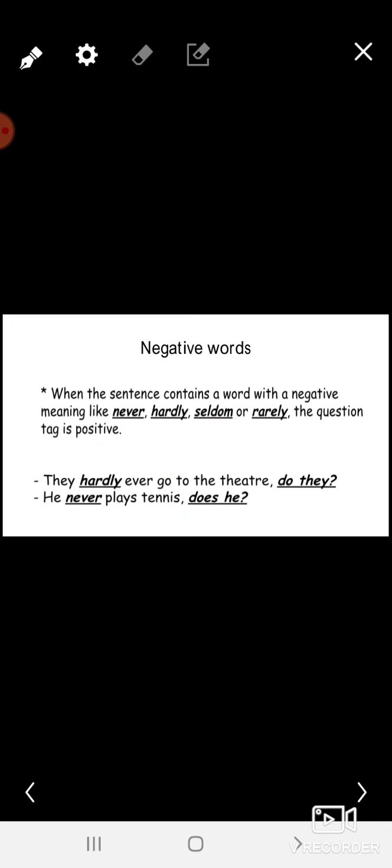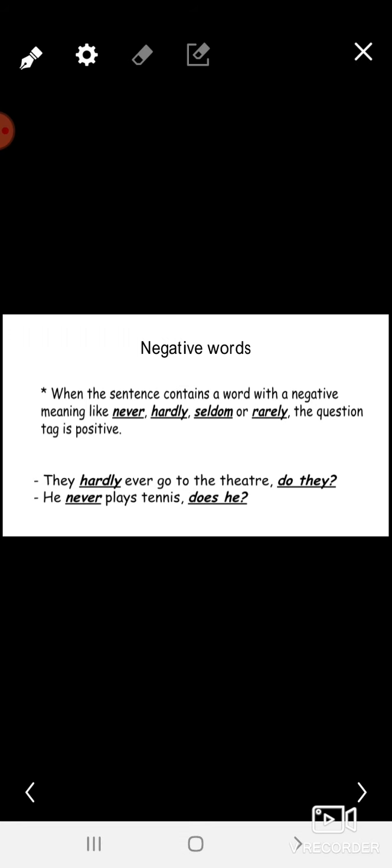And we have some words in English that don't have a negative suffix. They are not negative in appearance, but in terms of meaning they are negative. For example, never. In terms of meaning, it is negative.